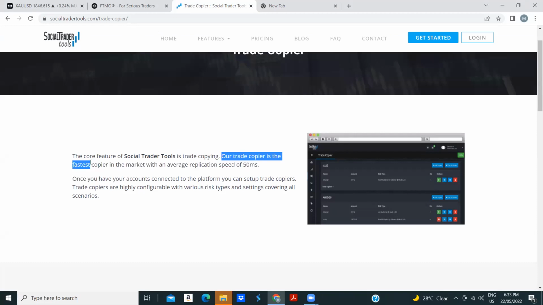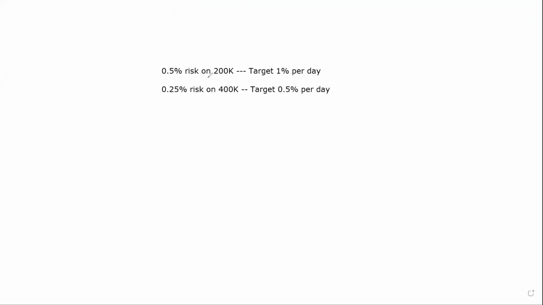Our trade copier is the fastest copier in the market with an average replication speed of 50 milliseconds. So there's no chance that the trade copier will not properly execute or copy your trade. There will be zero delay, zero latency.